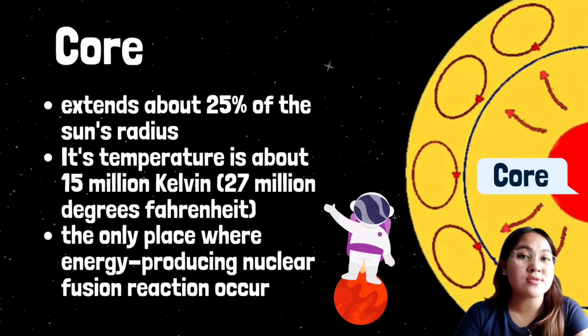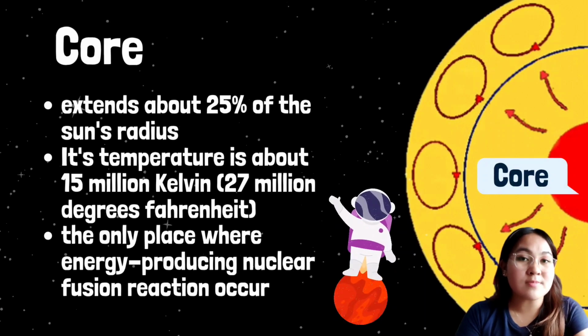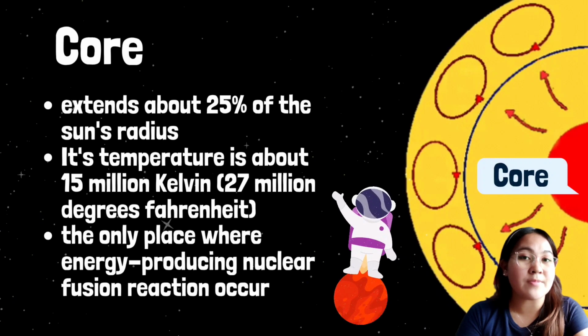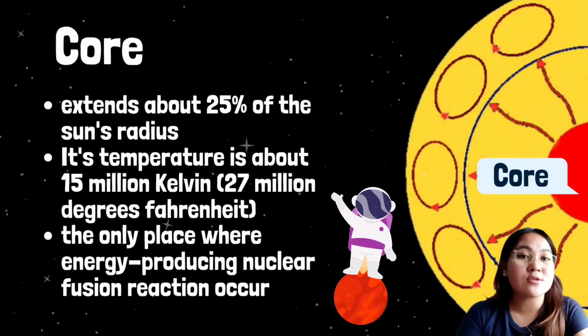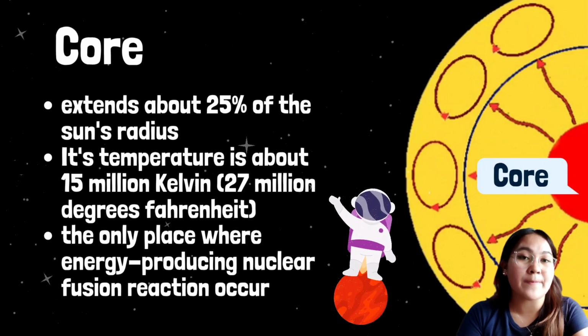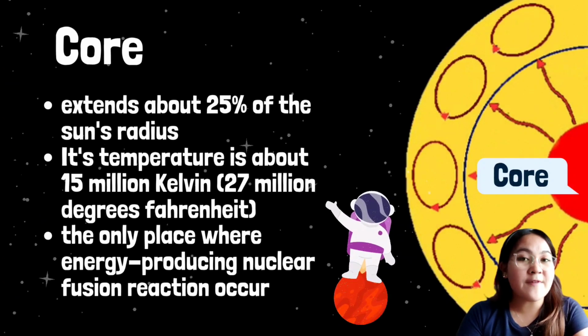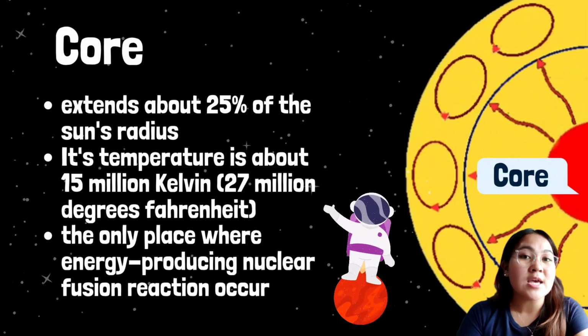Under those conditions, the hydrogen is completely ionized, which means the electrons are stripped off from their protons. As a result, the core becomes a thick soup of extremely hot subatomic particles. In fact, the protons are squeezed so hard that an amazing thing happens.